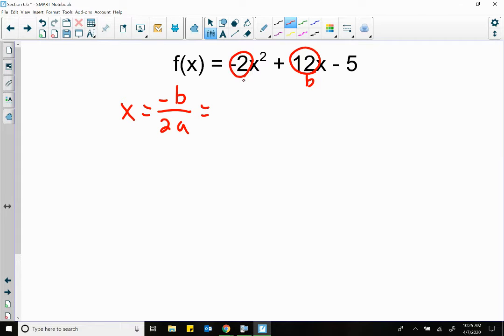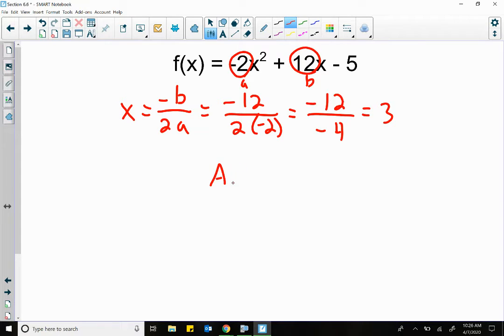Here is the a. So opposite of a positive 12 is a negative 12. 2 times a is a negative 2. So we got the opposite of 12 all over 2 times the negative 2, which is negative 4. And now we know the vertex x value is 3.